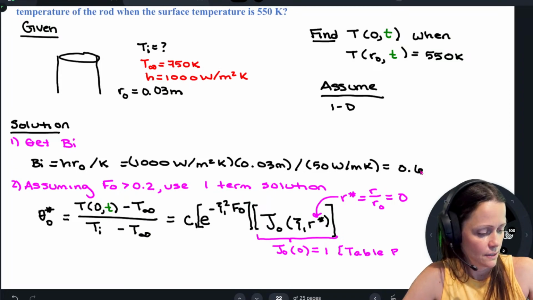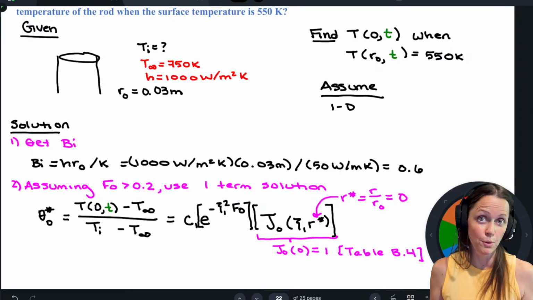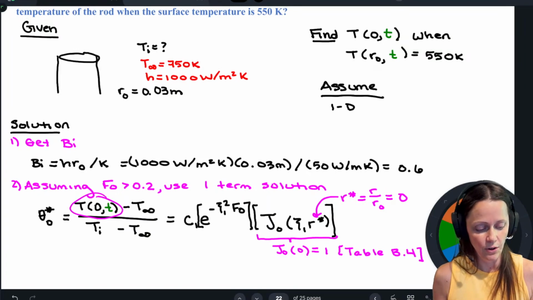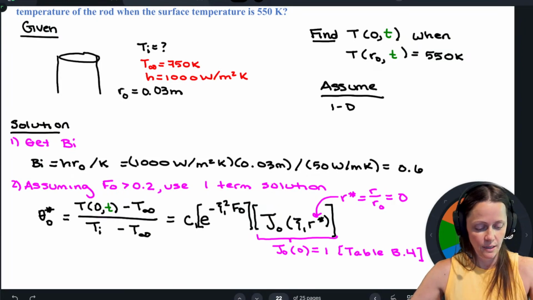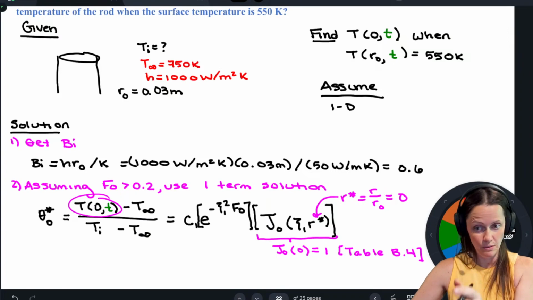Why is r over r naught 0 in this problem and not in the other problem? Because in the other problem, we were looking at the surface. So here we're looking at r equals 0, but in the other problem, we were looking at the temperature at r naught, so instead of a 0 being there, it was defined at r naught.